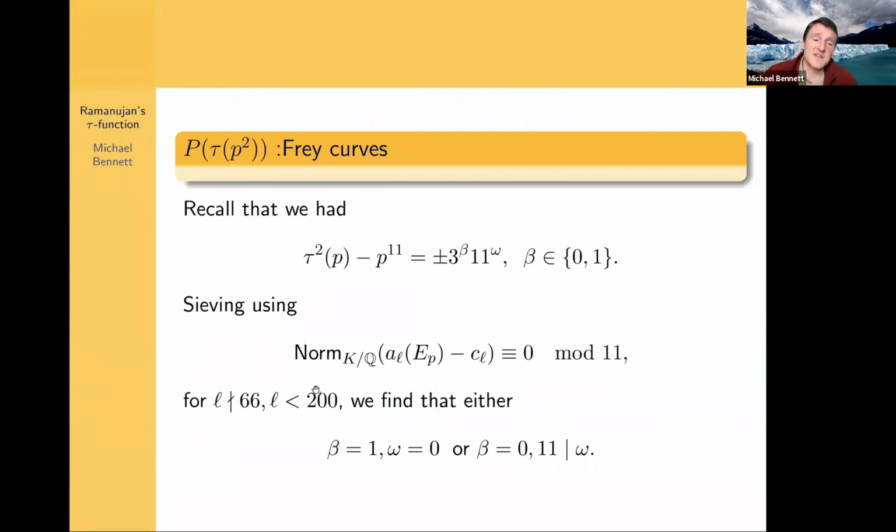So in particular, we avoid l is 2, 3, and 11, and we just sieve using primes up to 200. And if we do this sieve, it doesn't actually eliminate all possibilities, but it narrows it down to essentially 2. So one possibility is that you really do have tau squared of p minus p to the 11 is plus or minus 3. And the other one is that tau squared of p minus p to the 11 is plus or minus 11 to a power that's divisible by 11. So the exponent is divisible by 11.